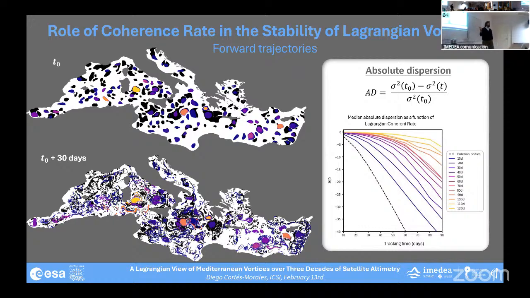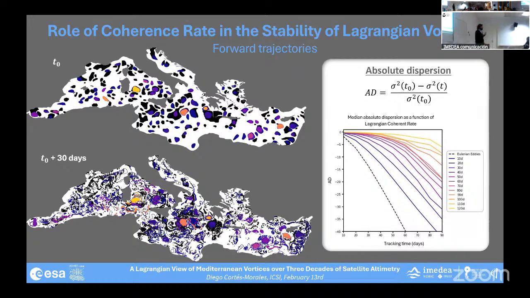It's pretty similar to the previous one, with the Eulerian vortices identifying the most dispersive areas, and the Lagrangian coherent rates minimizing the dispersion when increasing the Lagrangian coherent rate. So what information does this give?